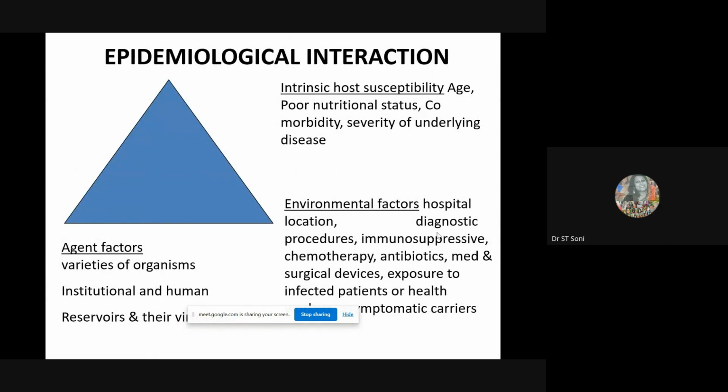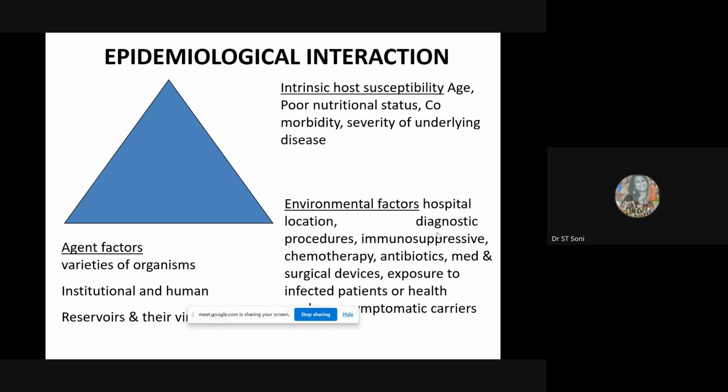So very importantly, how does this infection occur? When we talk about any infection, basically it occurs because of the interaction of three important domains: the host, agent, and the environment. Until and unless they interact with each other, the infection will not occur.